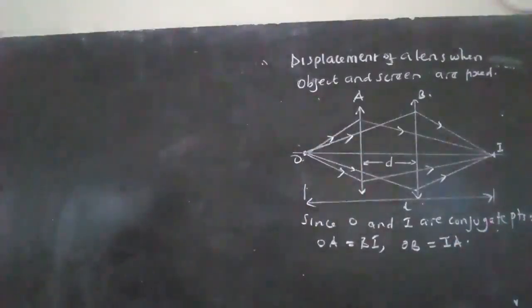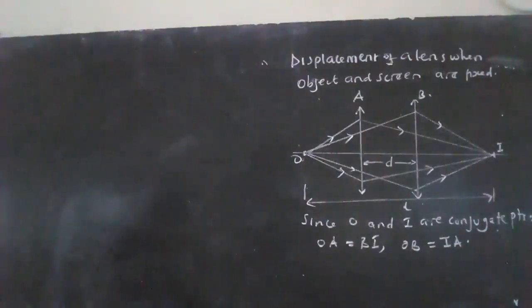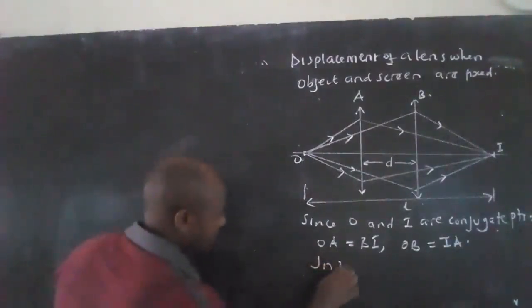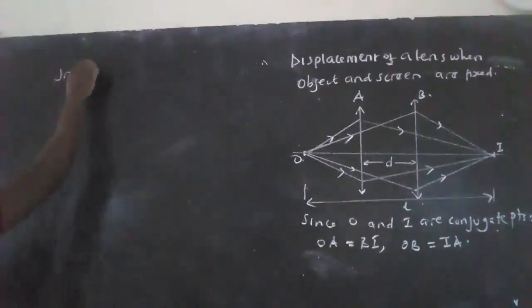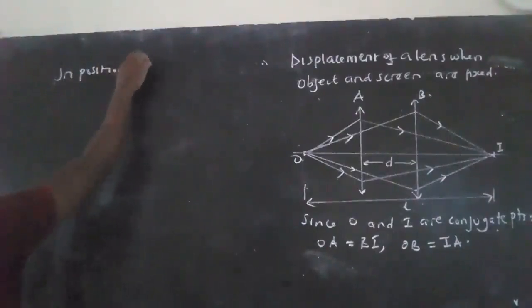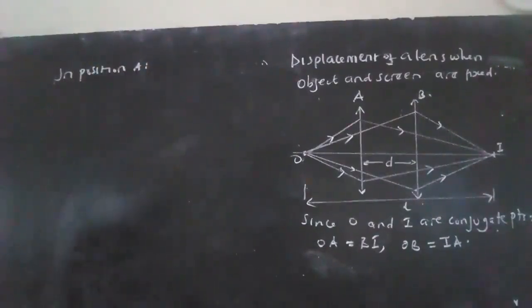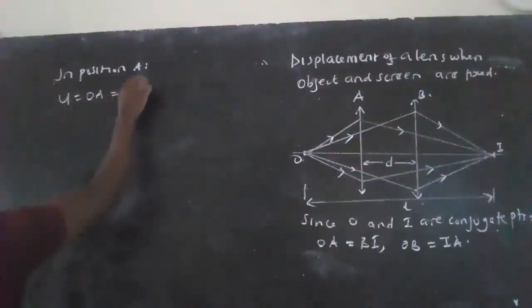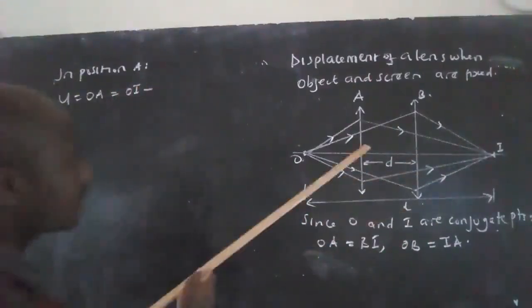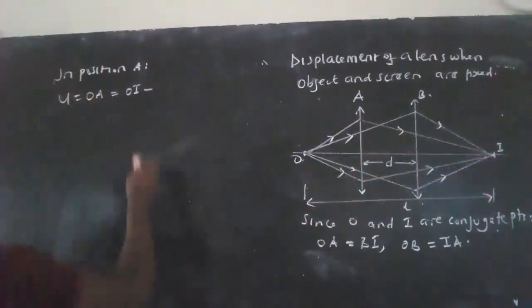Then after that, let us look at the lens in position A. In the position A, our U is same as OA. But to get OA, I can get the whole of this distance, which is OI, minus this distance, which is AI.